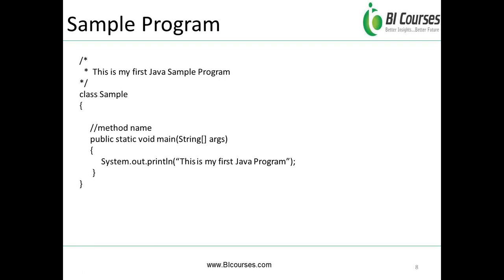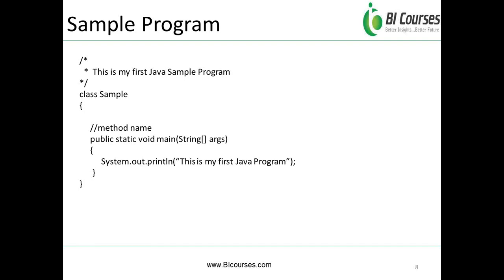Sample is the class name. After the class name we start with curly braces. After these curly braces we have double slash, method name. Any statement starting with slash slash is a single line comment, and the earlier one, this is my first sample program, is a multi-line comment.